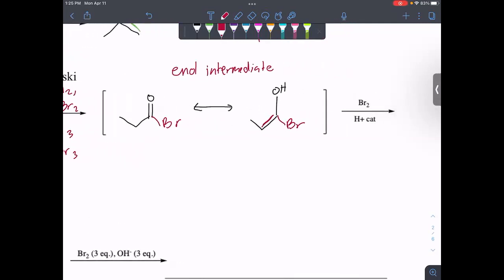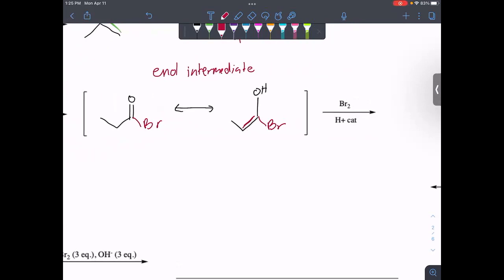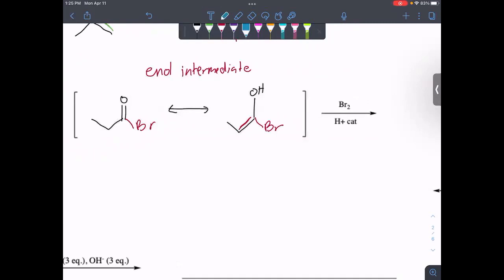Now that we have that, we can give the molecule a halogen, Cl2, Br2, I2, whatever, and then some kind of catalyst. It attacks the new halogen, but not from the alcohol side, it attacks from the alpha carbon side now, because we have the enol. From the enol form, we're giving it Br2, so it's going to attack one of the bromines, and you just get a halogenated alpha carbon.